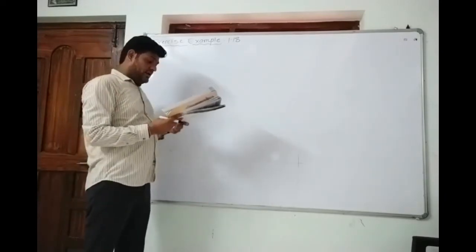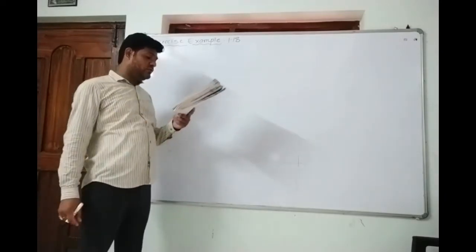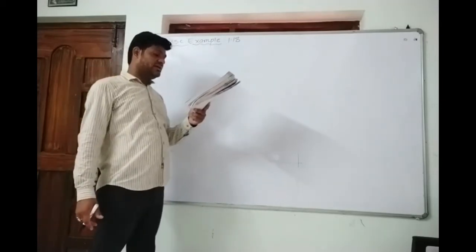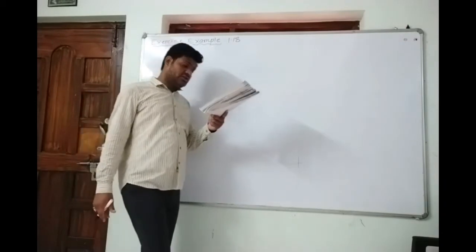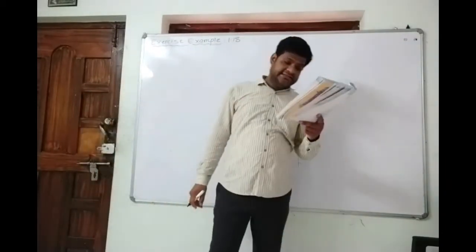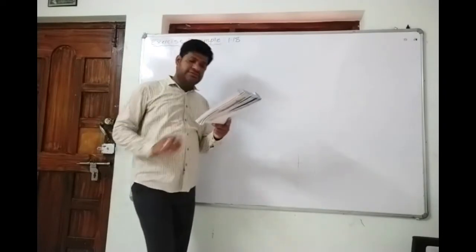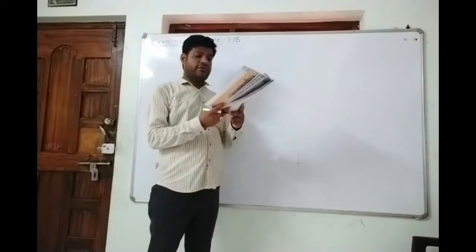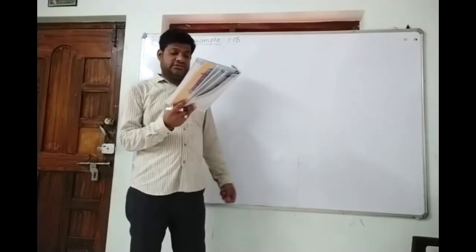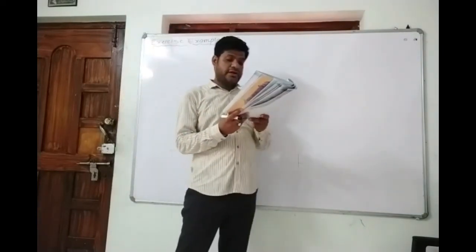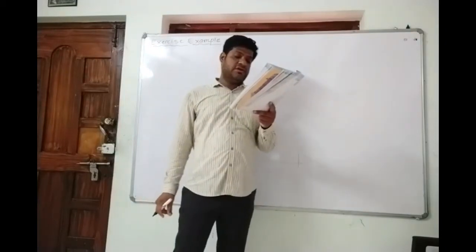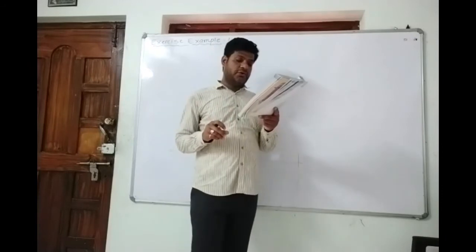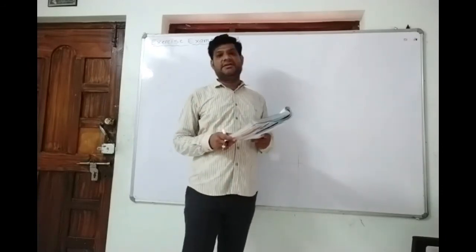A point charge of 10 microcoulomb is at a distance of 5 cm directly above the center of a square of side 10 cm, as shown in the figure. The diagram is given to you, students. What is the magnitude of electric flux through the square? A hint is given: think of the square as one face of a cube with edge of 10 cm.